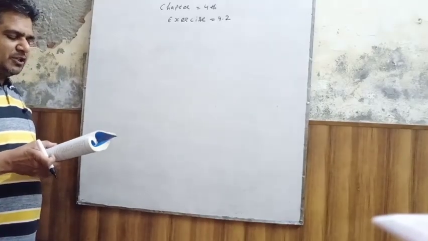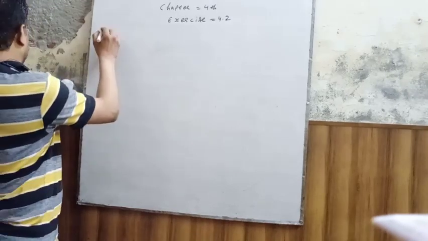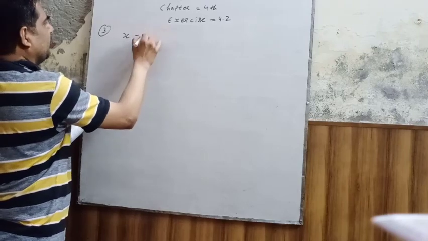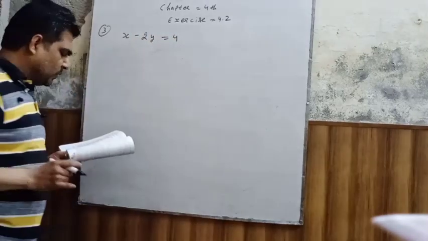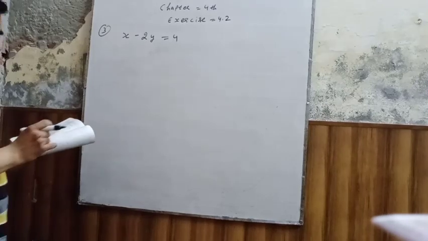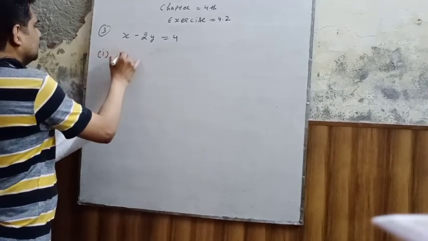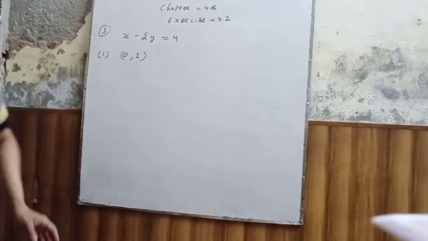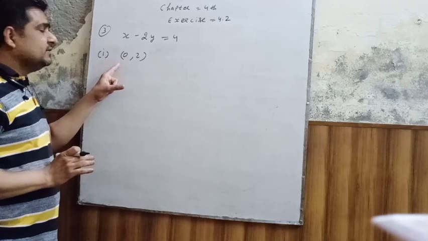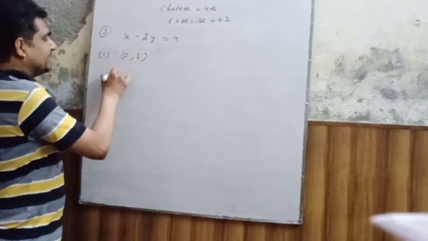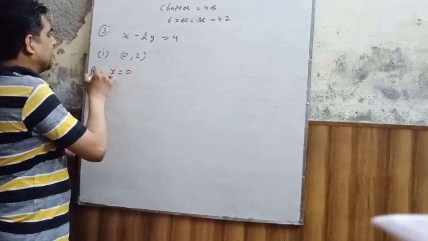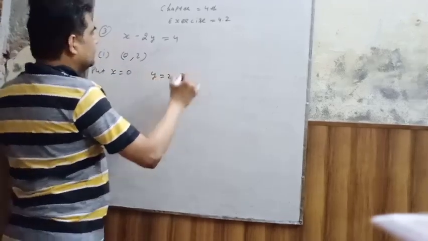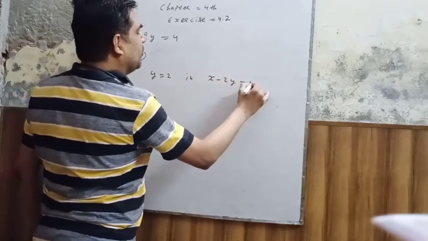Check which of the following are solutions of the equation x minus 2y is equal to 4. Firstly we take the first sum, 0, 2. In the last class we said the first digit is x, the second is y. Put x equal to 0, y equal to 2 in x minus 2y equal to 4.